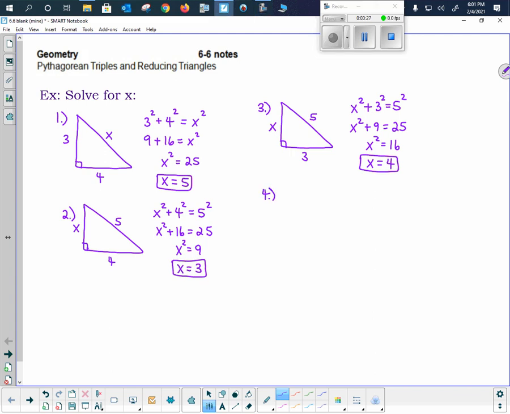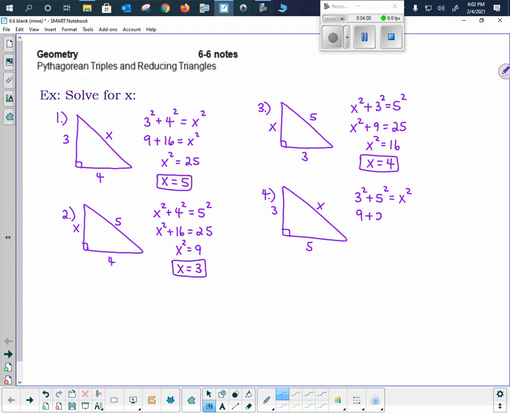Okay, then in 4, if I give you 3 and x and 5, do you automatically know what x is? Test it. Test whatever you were thinking with Pythagorean theorem. 3 squared plus 5 squared equals x squared.